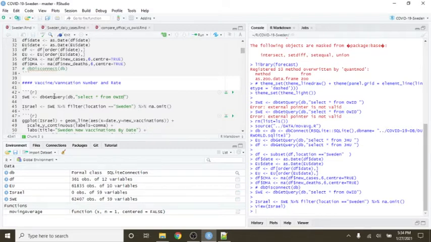Let us think about something here. Sweden, why doesn't it? What does this give us?